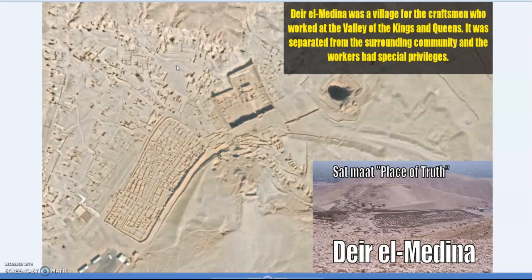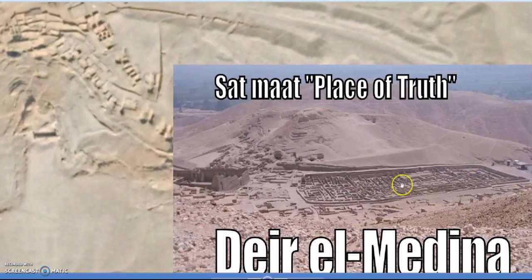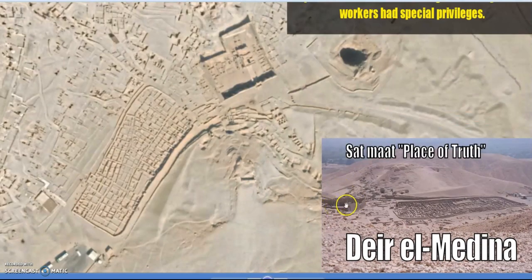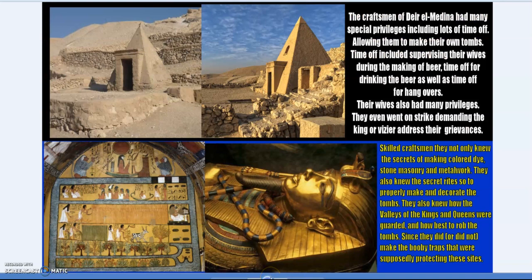People needed special permission to come and visit their relatives who might have worked there. You can see it was a large village town where all the craftsmen worked, and there we see the major temple complex.